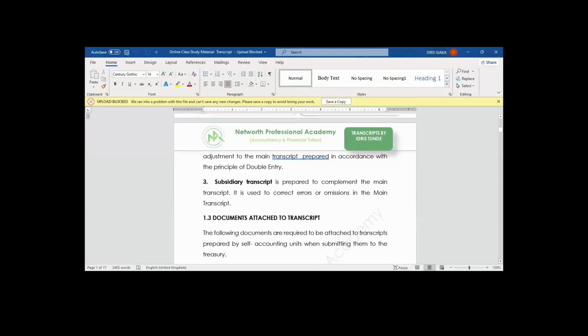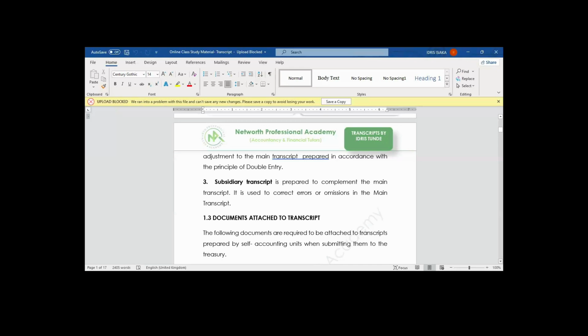In public sector accounting, we have three types of accounting units: self-accounting unit, sub-self-accounting unit, and non-self-accounting unit. It is only self-accounting unit and sub-self-accounting unit that make use of transcripts. Non-self-accounting unit does not have the power to prepare a transcript.